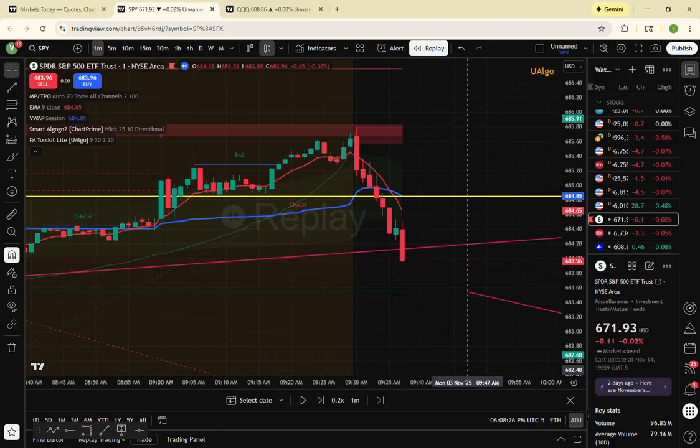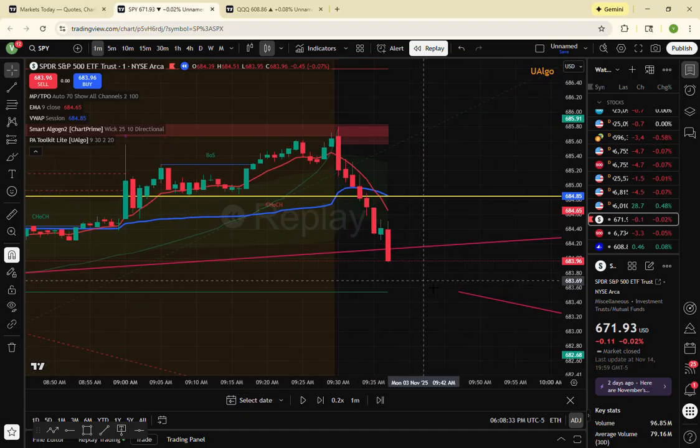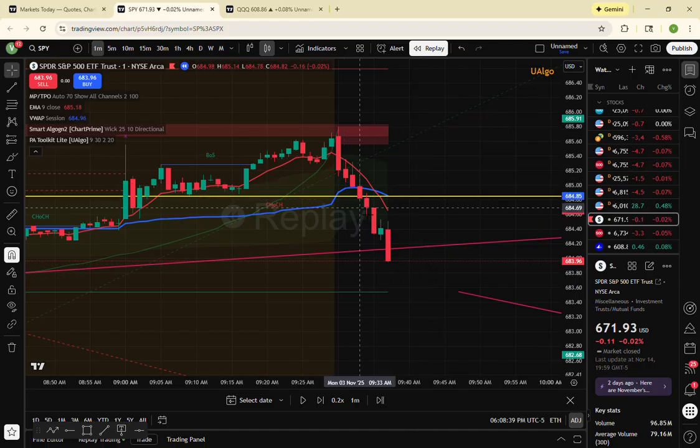Now, this backtesting is for you to practice. Sometimes it may fail if we don't do it right. But at least for sure, when VWAP crosses the candles, these red candles, that's when you sell.